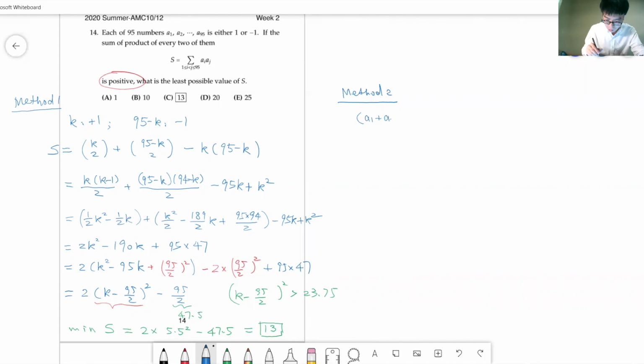(A1 + A2 + ... + A95), the sum of these 95 terms, I take the square. So this equals the square terms, A1² + A2² + ... + A95², and then plus the terms with the cross products, for all i not equal to j, because if i equals j, it gives the square terms.